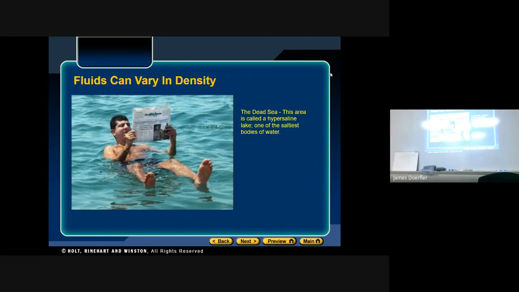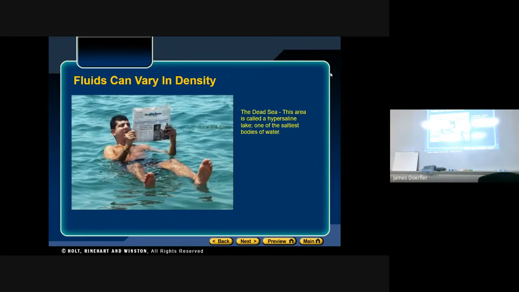The density of the water has changed because of the overabundance of salt that is dissolved in here, and it's hypersaline. It's not called supersaturated, but it's heavily saturated with salt. Because of the density, the buoyant force is essentially going to increase, thereby keeping this individual afloat.